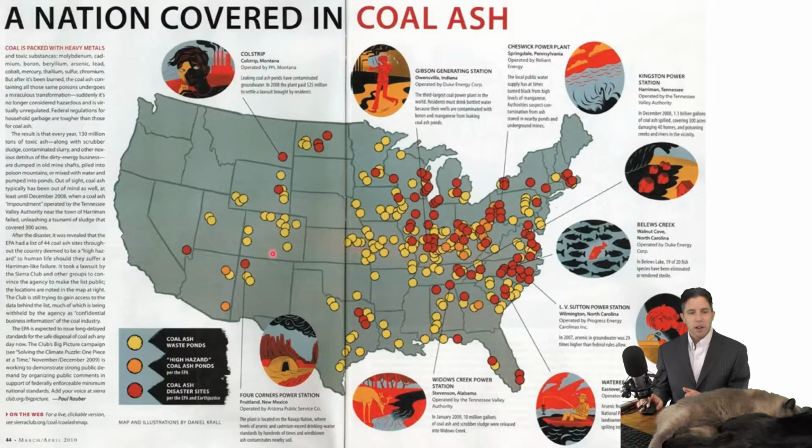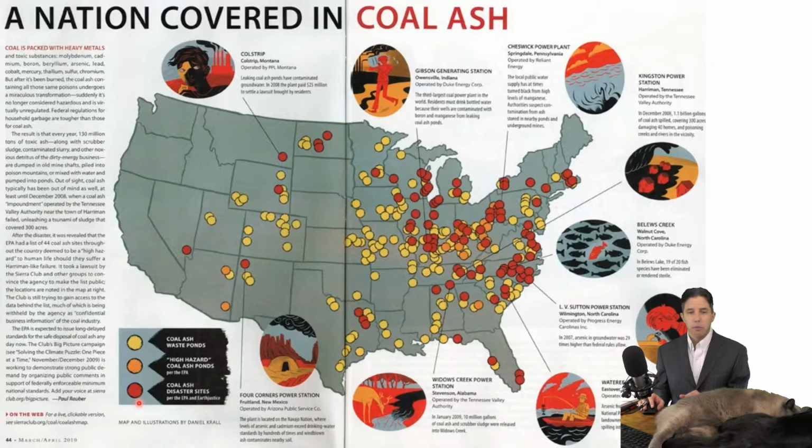This is a few years old now, but this is a map showing the yellow dots are places where there are these waste ponds, these reservoirs that have coal ash sitting in them, staying wet. Places that are orange are recognized as having a high hazard potential of having a leak or a failure.